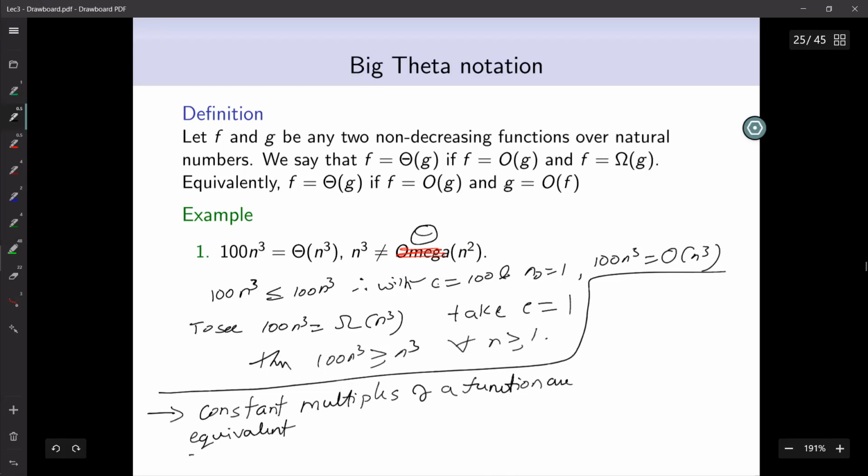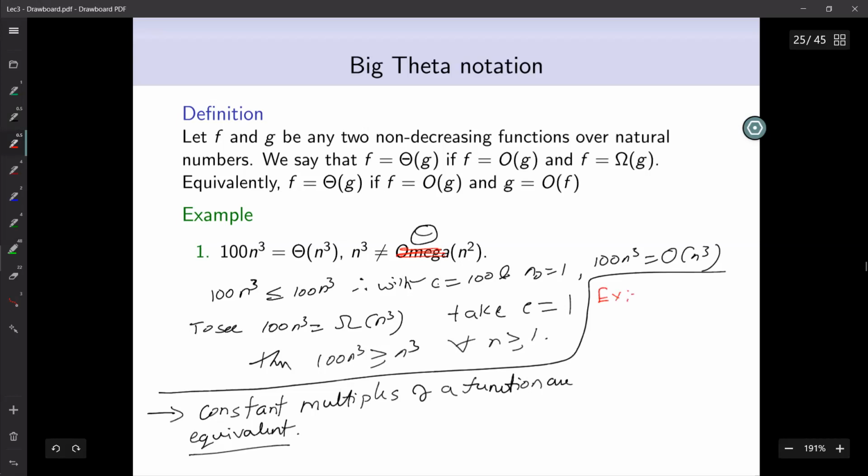All we did was take our less than or equal to relation and make it coarser by saying that two functions are the same if they are constant multiples of each other. So all constant multiples of a function are collapsed to one function. That's all we did with this big O, big omega, big theta notation.